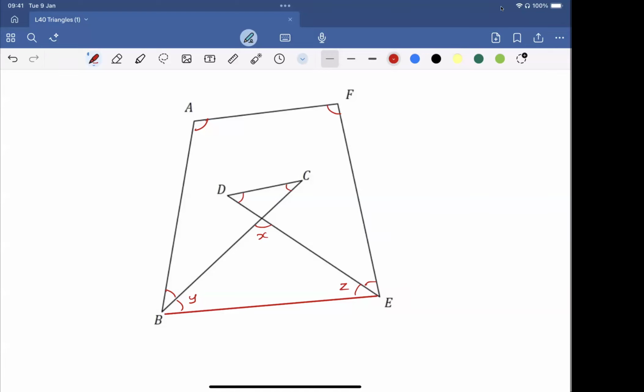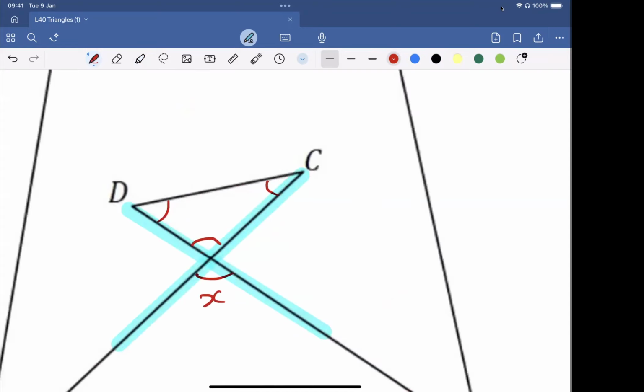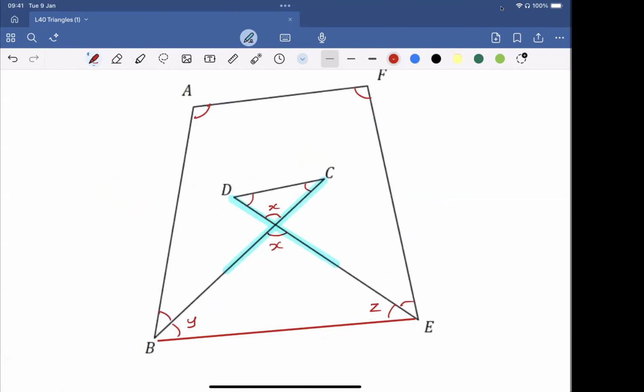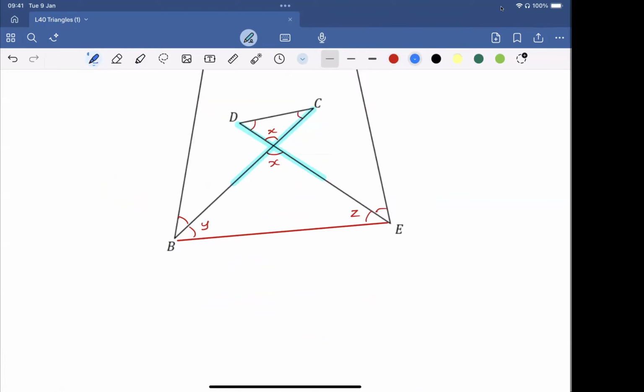Okay, Braden, do you notice that there is a letter X over here? Yes. So can you tell me what is this angle? Angle X. Correct. Now, can you tell me how to find the value of angle D plus angle C? How would I find that? 180 minus which angle?